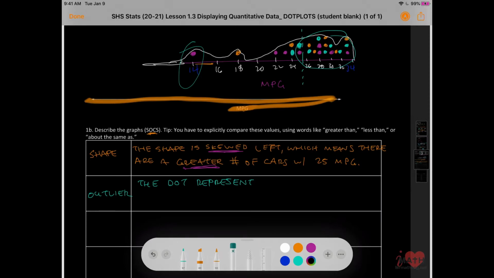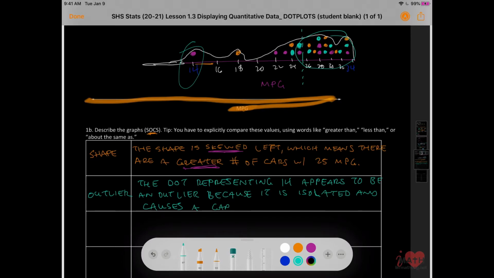Representing 14 appears to be an outlier because it is isolated and causes a gap with the rest of the distribution.